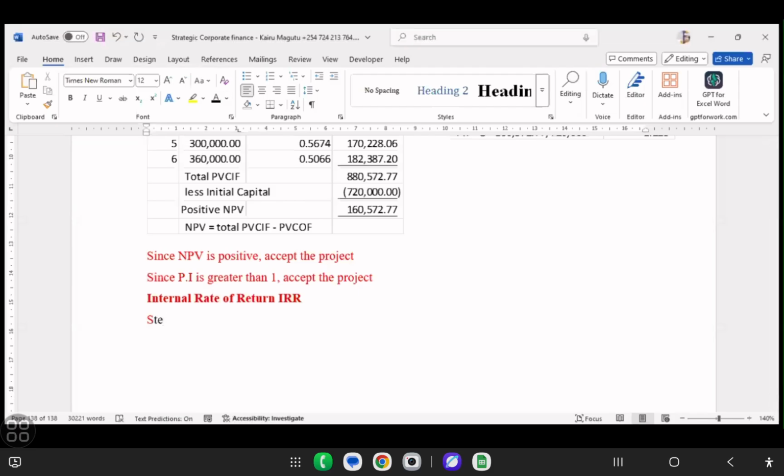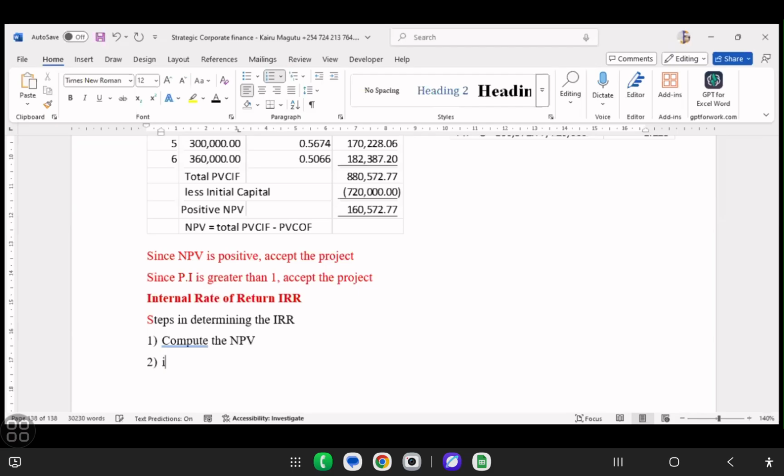So steps in determining the internal rate of return. Number one, compute the NPV. That is step number 1.